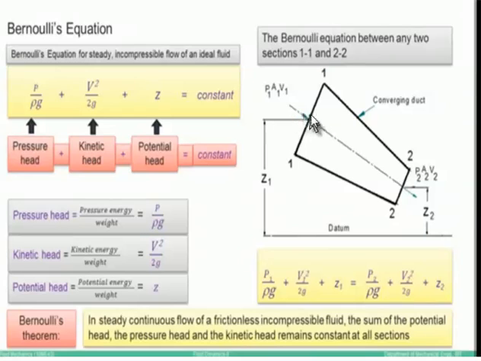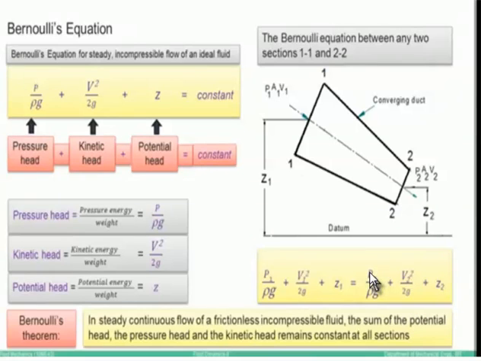Applying it to section 1 and section 2, it becomes P1 by rho g plus V1 square by 2g plus Z1 is equal to P2 by rho g plus V2 square by 2g plus Z2. The statement says the sum of pressure head, kinetic head and potential head remains constant at all sections. So whatever the pressure head, kinetic head and potential head at section 1 must be equal to the pressure head, kinetic head and potential head at section 2.